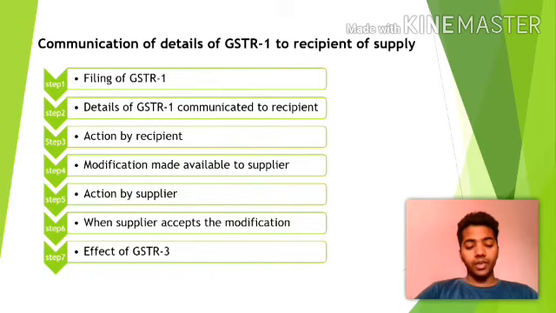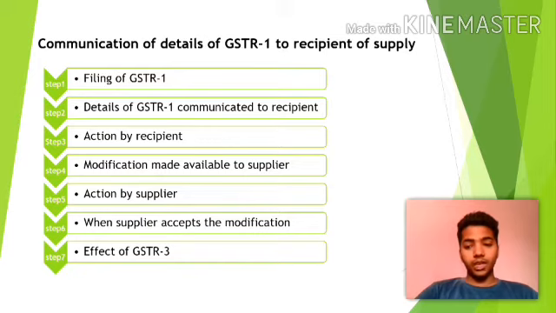So the recipient reviews GST return 2A and files the details of his inward supply in the form GST return 2 after making such modification, if any. It is done after the 10th day but on or before the 15th day of the month succeeding the relevant month.